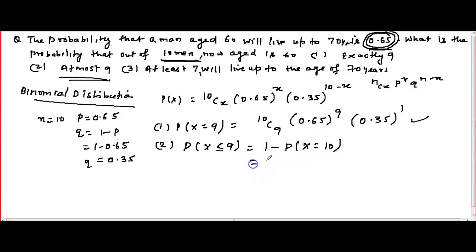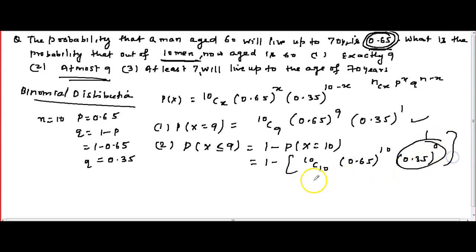So I can write 1 minus, and x equal to 10, you substitute in this. So 10C10 and 0.65 to the power of 10 and 0.35 to the power of 10 minus 10, which is 0. Anything to the power 0 is 1, so this one you need not take. You can find these values, this is the answer. Getting here?